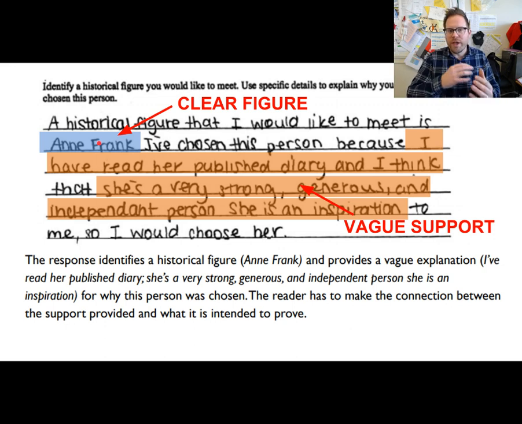Okay? So the reader is left guessing because the details were not specific. The reader has to make the connection between the support provided and what is intended to prove. All that means is the reader is left making the connection between all of this stuff here, I think she's a very strong, generous, and independent person, as to why this person chose Anne Frank. Right? Vague details.